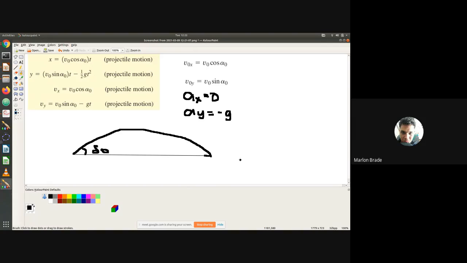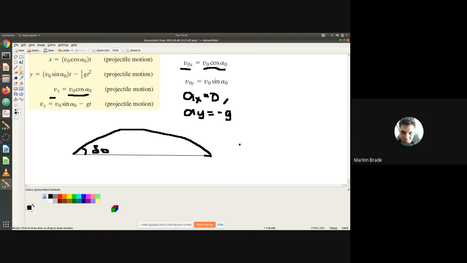Notice that the acceleration along x is 0. As a consequence, the initial velocity v naught x is equal to v_x, which is equal to v naught cosine alpha naught, which means that the velocity along x in the case of a projectile is not changing at all. The only velocity that is changing is the component along the y-axis.